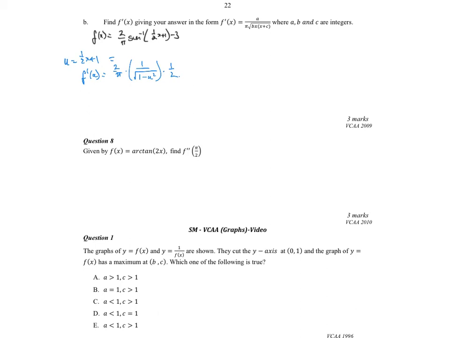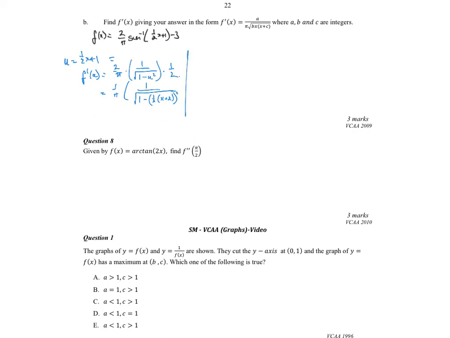So the half, we're going to end up with 1 on pi outside of 1 over the square root of 1 minus u squared. I'm going to write that as a half x plus 2, all squared.